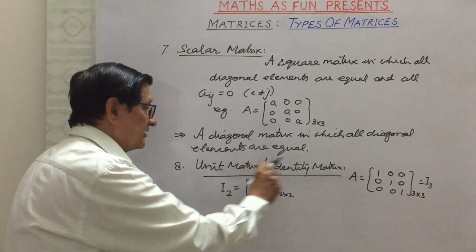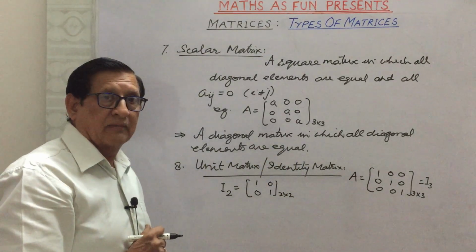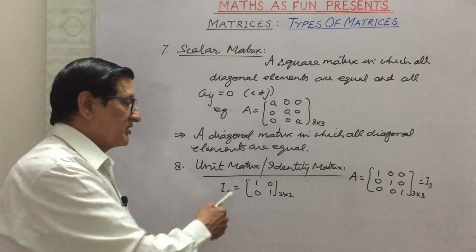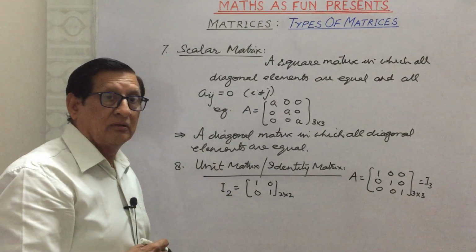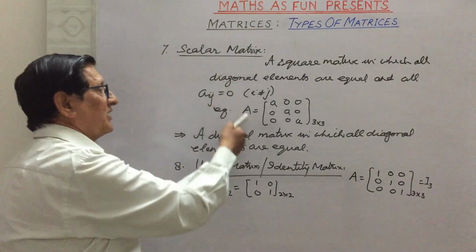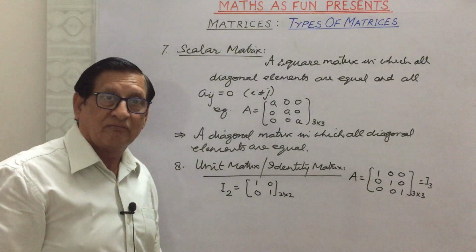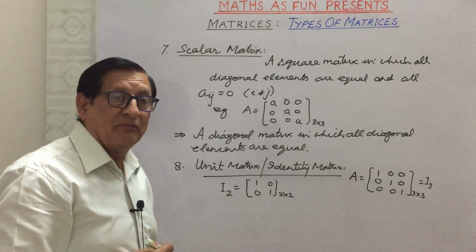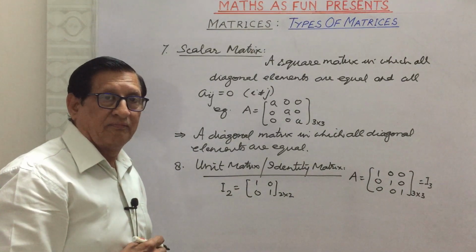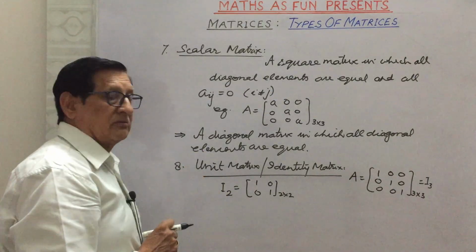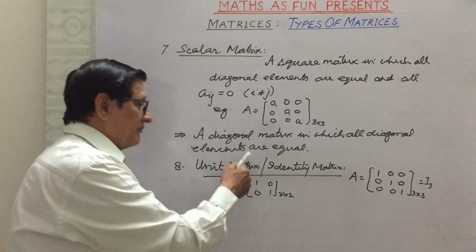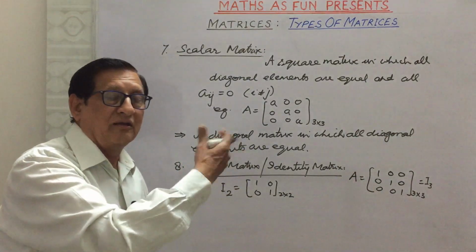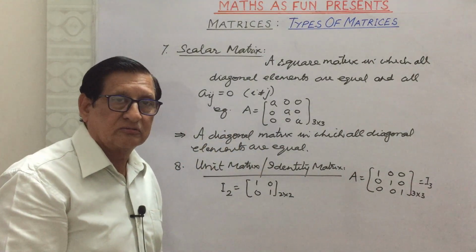So how can we define the identity or unit matrix? We can call it is a diagonal matrix in which every diagonal element is 1. We can also say that this is a scalar matrix in which each diagonal element is 1. And we can also call it as a square matrix in which each diagonal element is 1 and all other elements are 0 each.